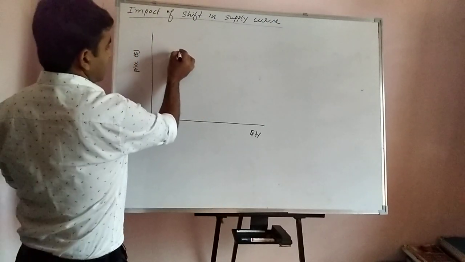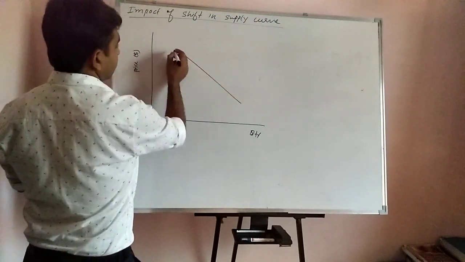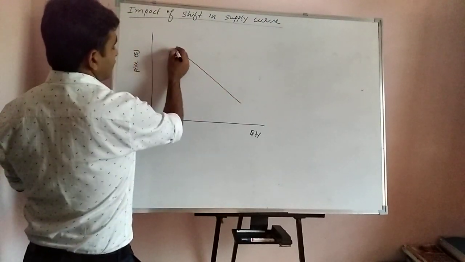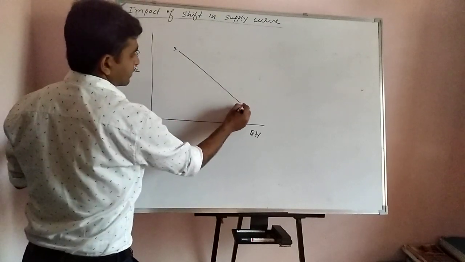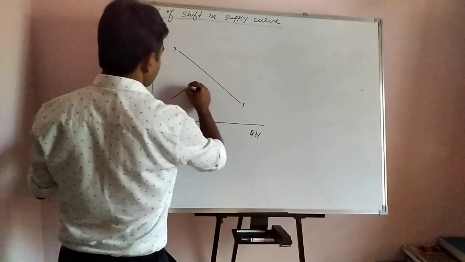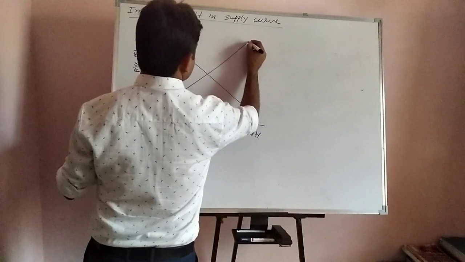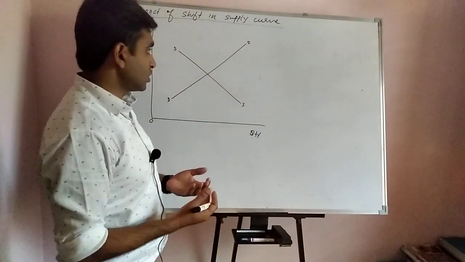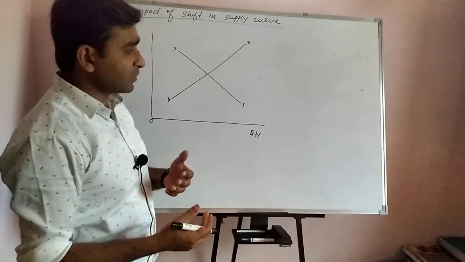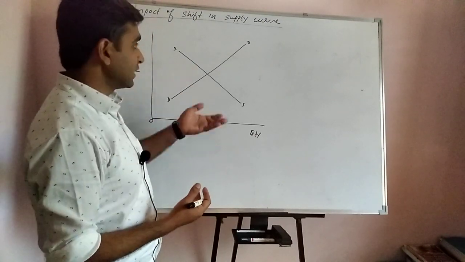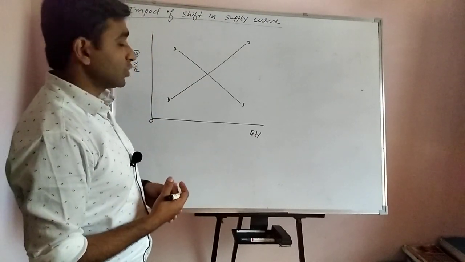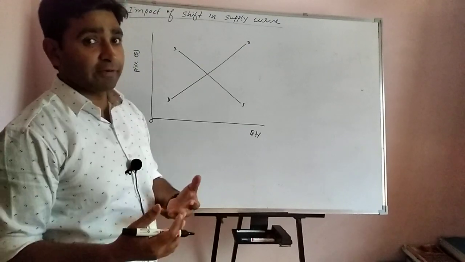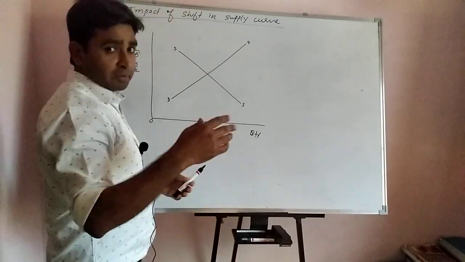They'll draw the demand curve like this, and instead of writing DD they'll write SS. And here instead of writing SS they'll write DD. Generally they do not do this, but sometimes in a hurry they write like this. To eradicate this mistake, remember, take your right hand.